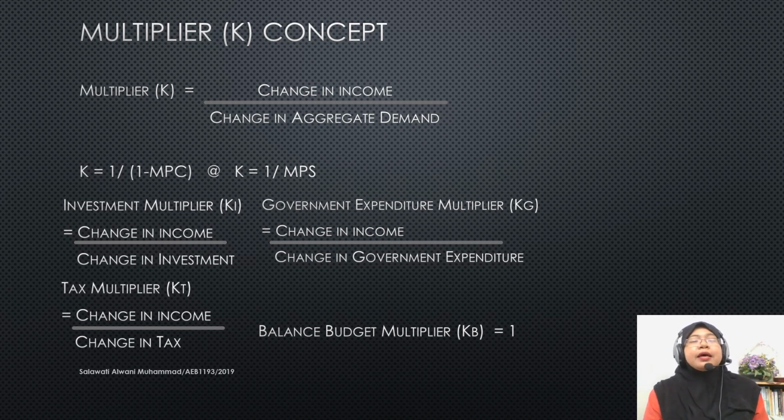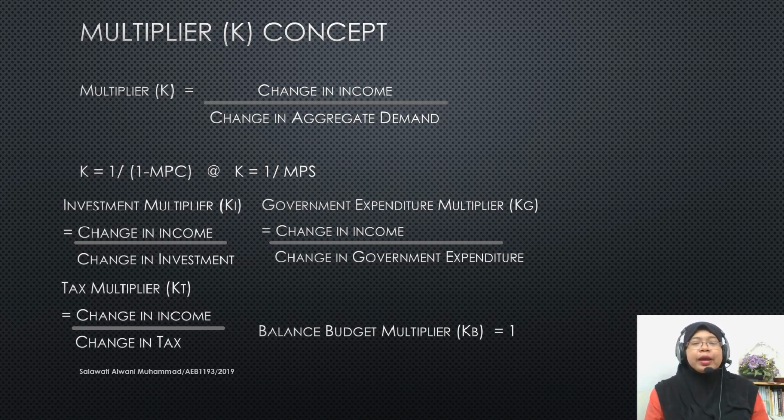We get the multiplier, meaning when there is a change in either investment, government expenditure, or tax, we want to see how much the national income will change.